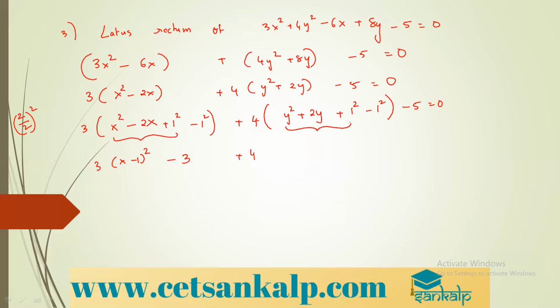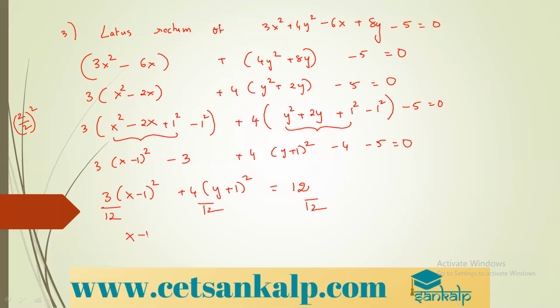And here this entire thing as y plus 1 whole square minus 4, minus 5 equal to 0. 3 into x minus 1 whole square plus 4 into y plus 1 whole square minus 3, minus 4, minus 7, and then minus 5. That is minus 12 can be written as 12. Now everywhere divide by 12. So that you will have x minus 1 whole square by 4 plus y plus 1 whole square by 3 equal to 1.